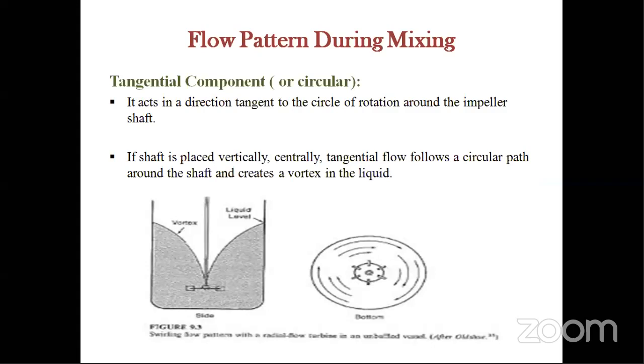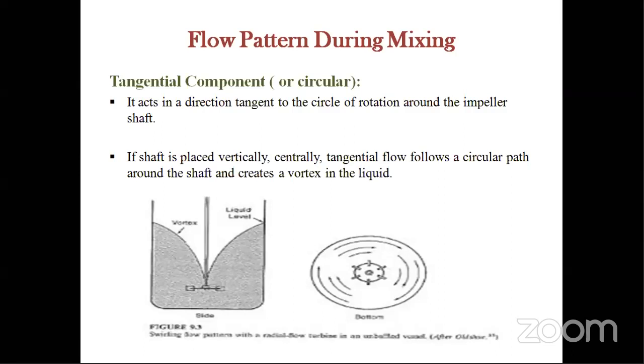First one is the tangential component or tangential flow pattern, and sometimes it is called a circular flow pattern. The tangential flow pattern happens when you are using less viscous material like alcohol or water. Suppose, for example, you have taken some amount of sugar or salt and some amount of water and mixed them in a beaker and started the impellers.